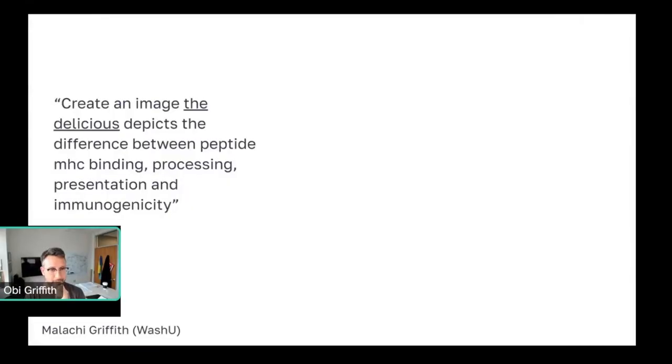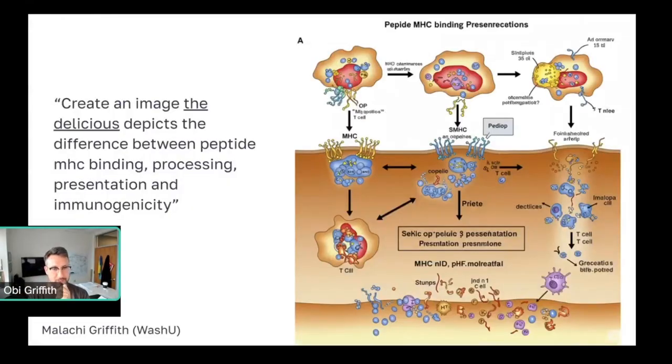Here's a couple more amusing examples on the figure sphere. So Malachi, again, was trying to create an image that would explain the difference between peptide MHC binding, processing, presentation, and immunogenicity. And he got this kind of graphical salad that's mostly meaningless and full of errors and oddities.